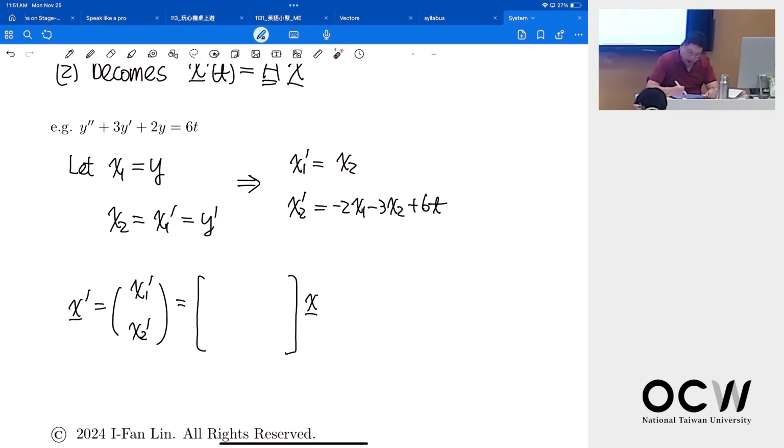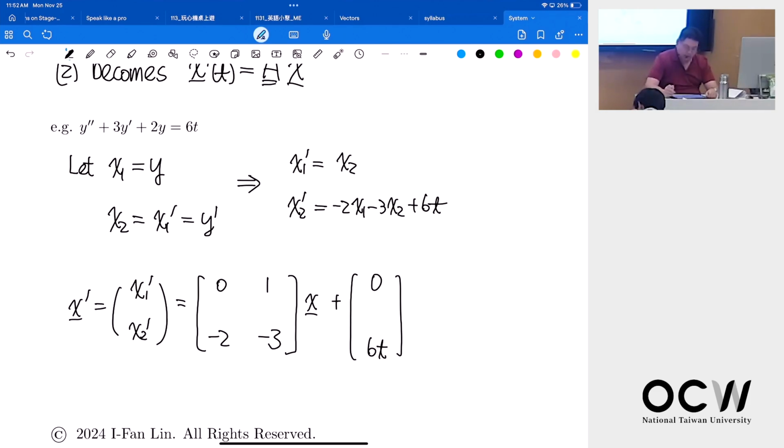Then how do I express this matrix? x1 prime equals 1 times x2, so 0, 1. x2 prime equals minus 2x1 minus 3x2, so I have minus 2 and minus 3. And then later on we have another vector, 0, 6t.